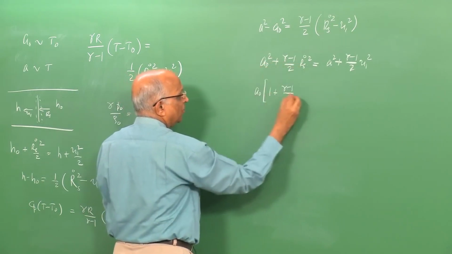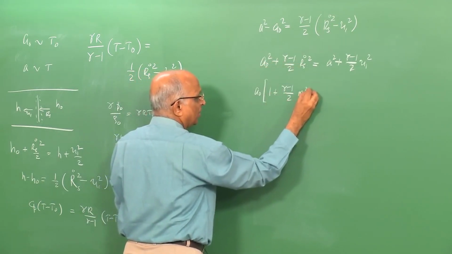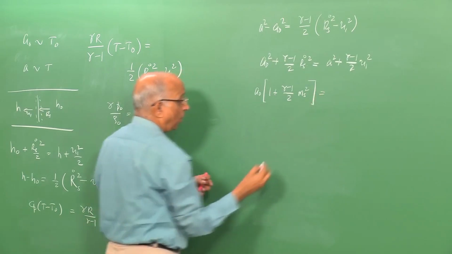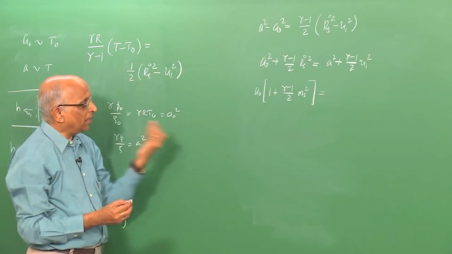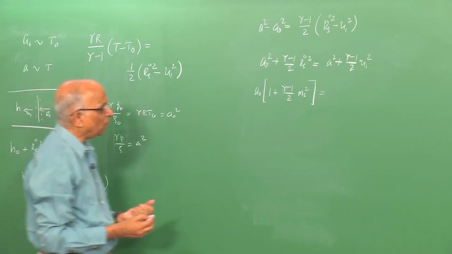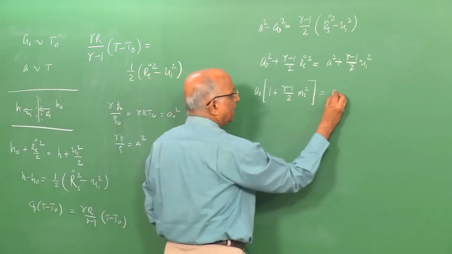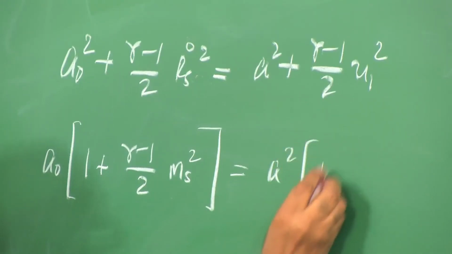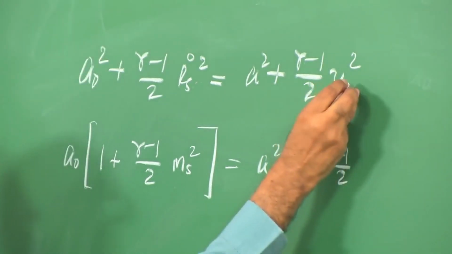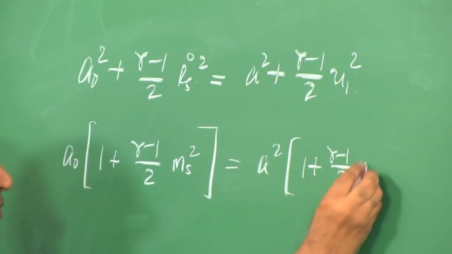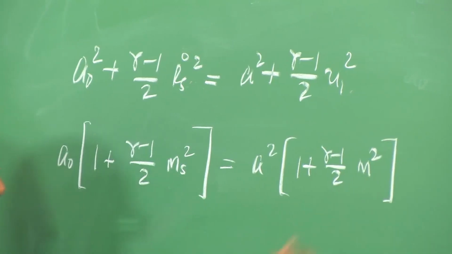Rs dot by A 0 is equal to Ms, which is the shock speed, or equivalently, in the frame of reference of the stationary shock, the Mach number at which the gases are approaching the shock wave. Similarly, I take A square outside and I get 1 plus gamma minus 1 divided by 2 into u1 by A whole square, which is equal to the Mach number behind the shock.